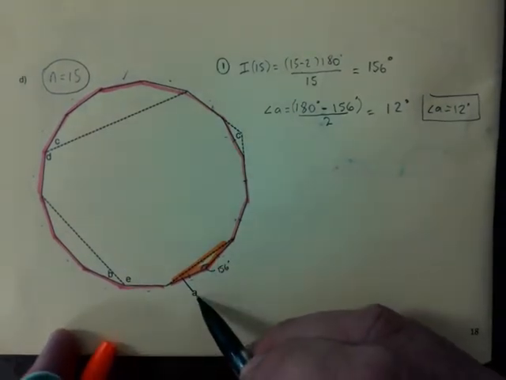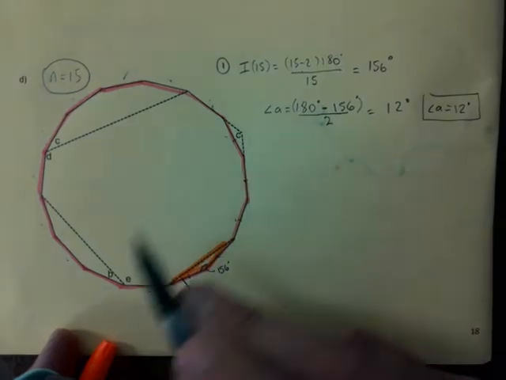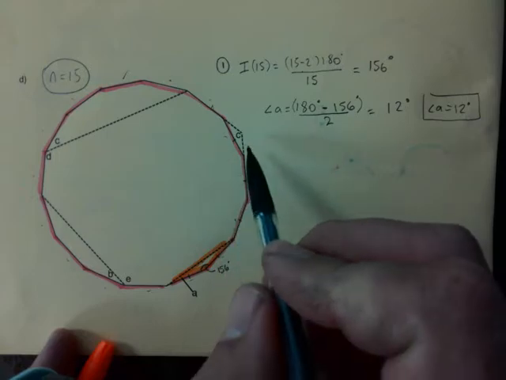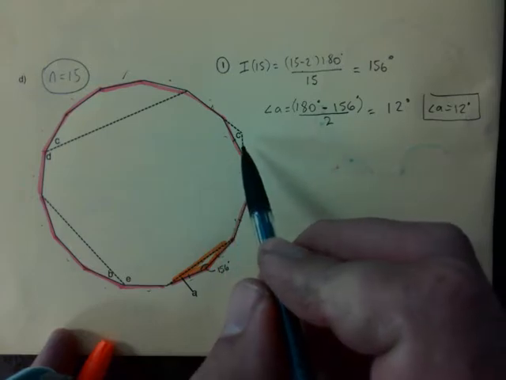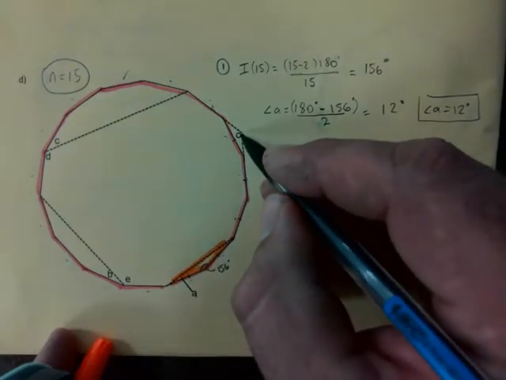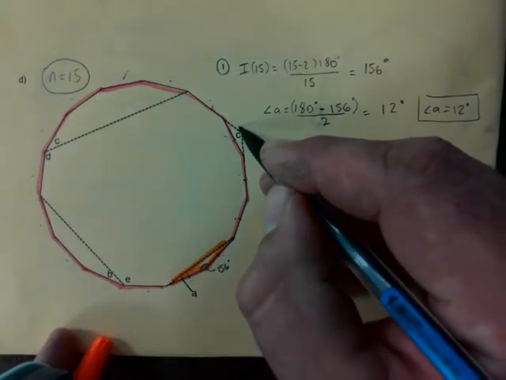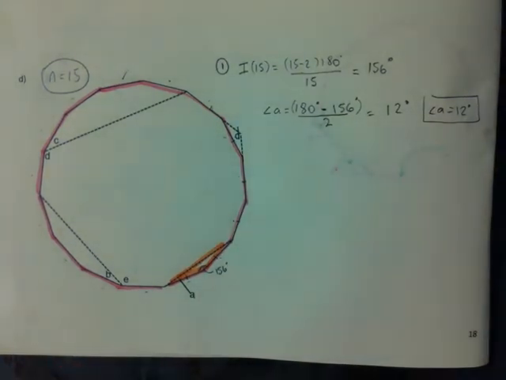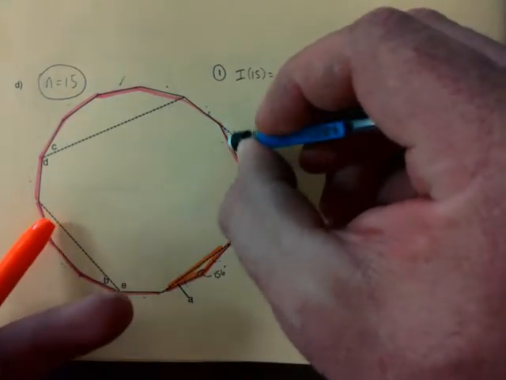What else should we do? You could do this one or this one. And I noticed that there are two C's. You see that? Let's call this D. Oh, that doesn't work.